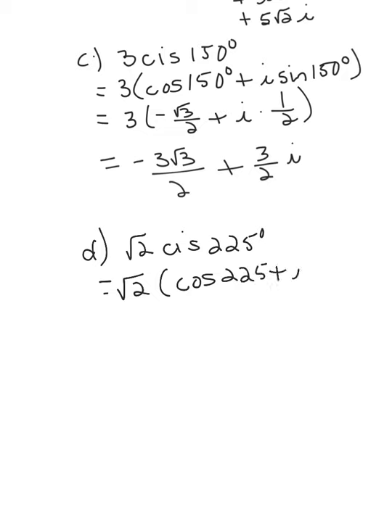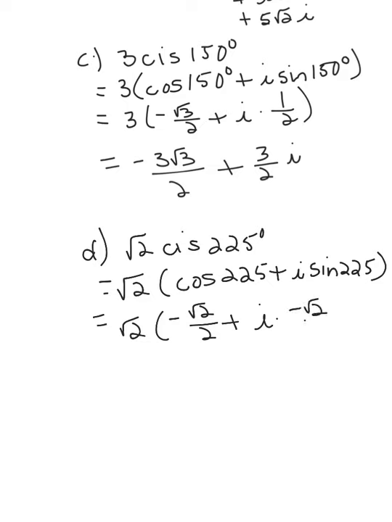The I stands for the imaginary I. S stands for sine of the angle. So we're going to have the square root of 2 times cosine of 225 is negative square root of 2 over 2 plus I times the sine of 225 is also negative square root of 2 over 2.